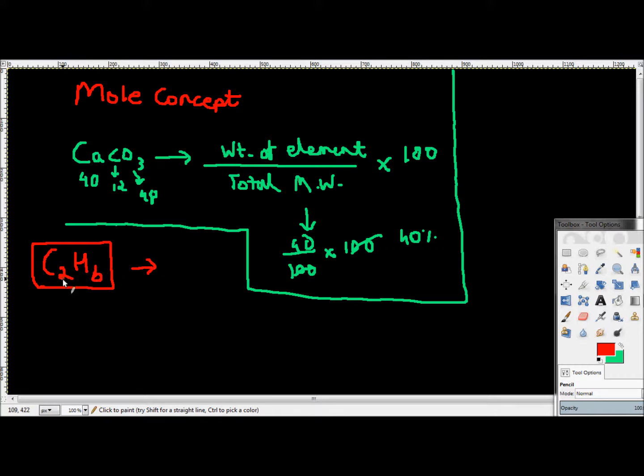You basically need to try and divide these two numbers by a common divisor. So here you can see that 2 goes into both, so you can divide both of them by 2 and CH3 becomes your empirical formula. Also, let's take another example now. Let's take benzene, which is C6H6.